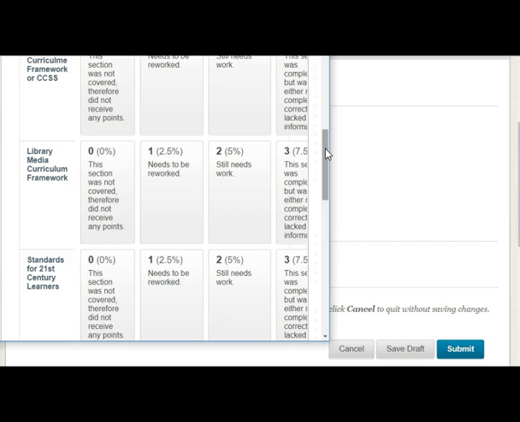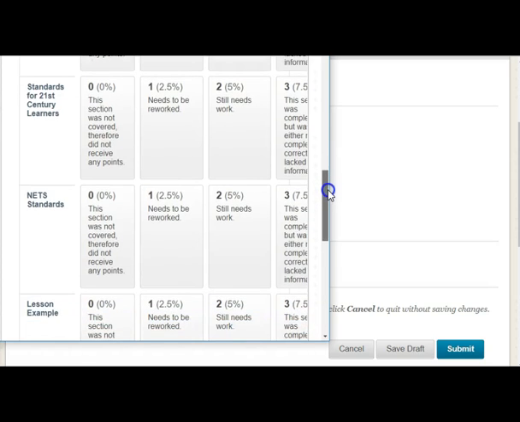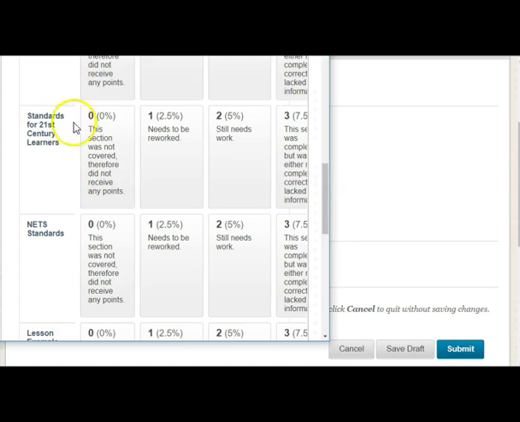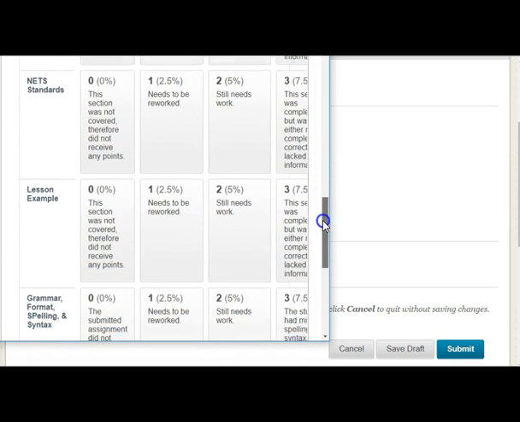Don't forget our state library media curriculum standards or framework, standards for 21st century learners, and the NETS standards. So honestly, I think that would be our AASL standards. So I did include all of the rest of those. So hopefully they were sufficient and I would get a 5 on those.